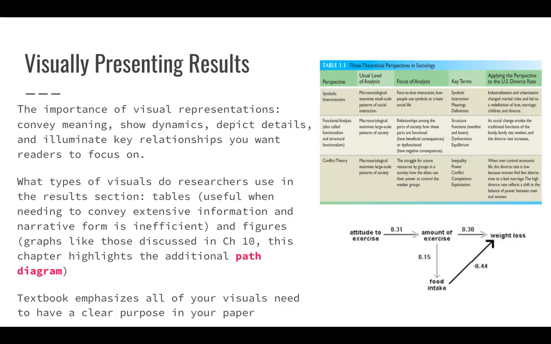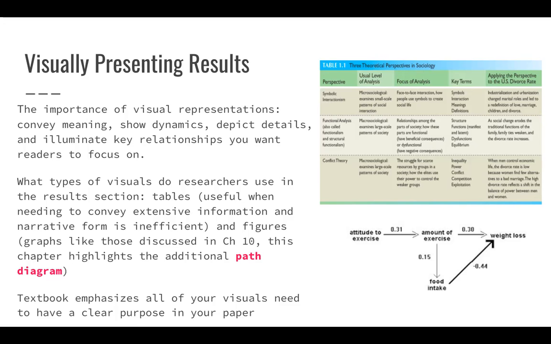But a path diagram is meant to emphasize kind of the relationships that exist between different variables within your model. And then it oftentimes provides, as you can kind of see in the picture, a sense of the strength of the relationship between those variables as well as the direction. So, a negative lets you know it's a negative relationship, a positive lets you know it's a positive relationship, and it's going to vary from 0 to 1.